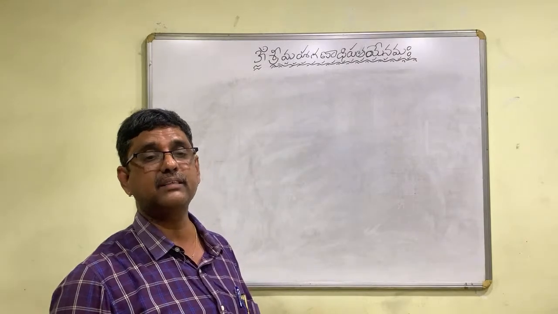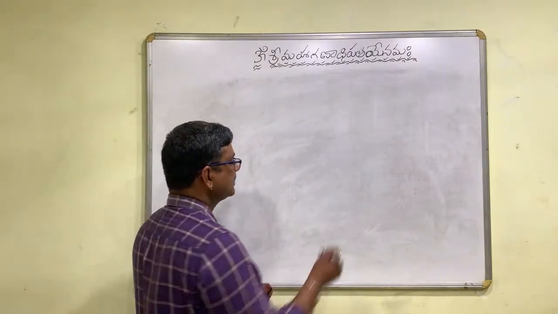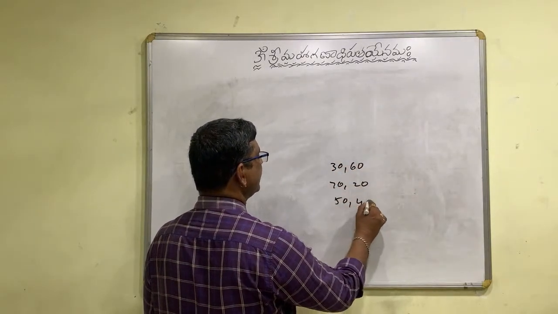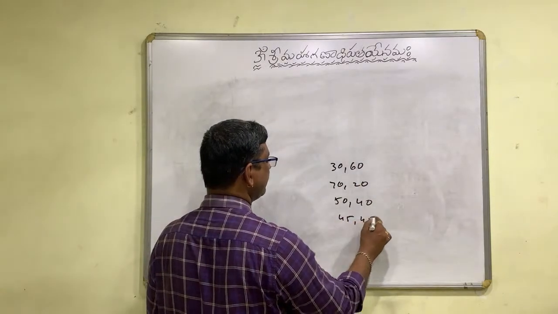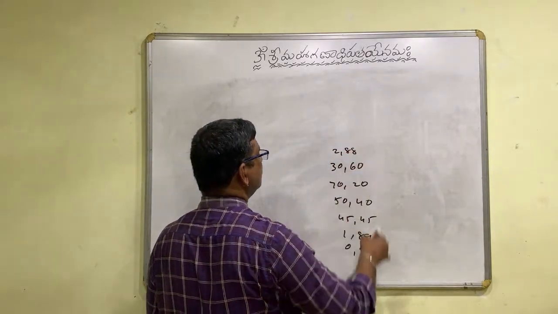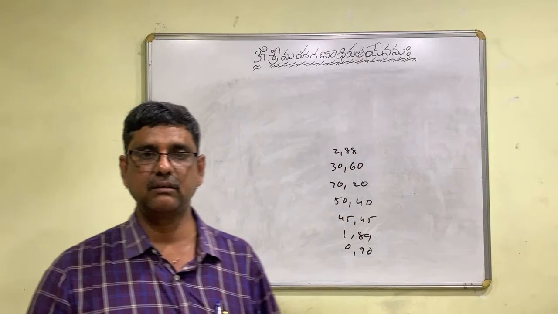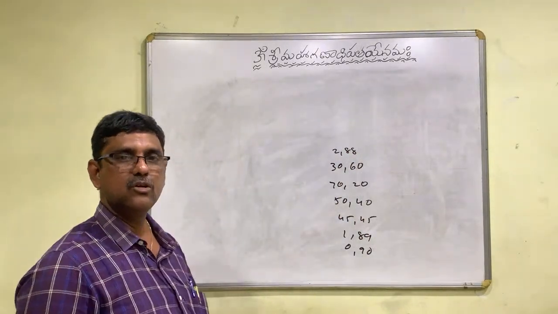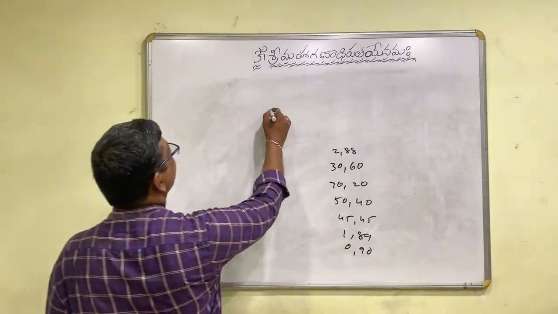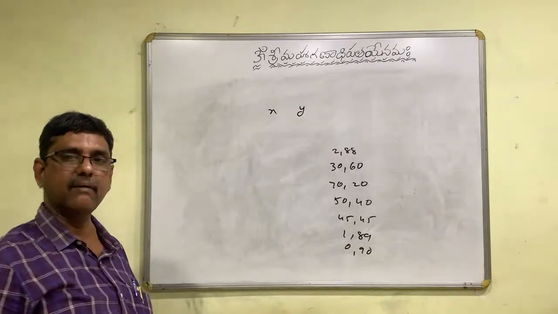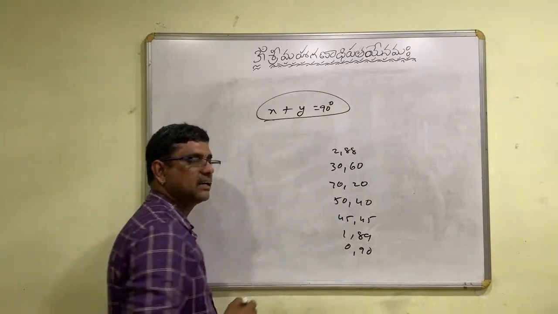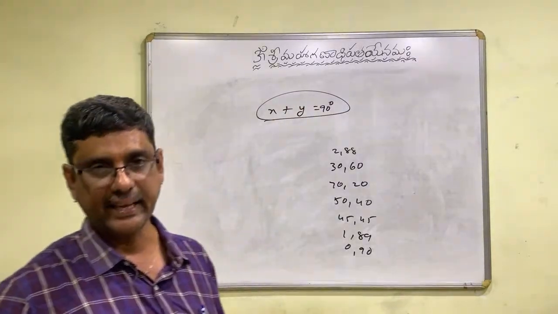Examples: 30 and 60, 70 and 20, 50 and 40, 45 and 45, 0 and 90, all these are complementary angles. If we take two angles x and y, if their sum is 90 degrees, then x and y are called complementary angles.